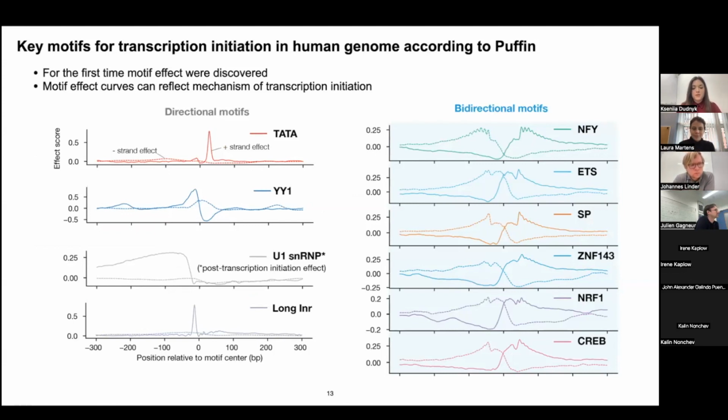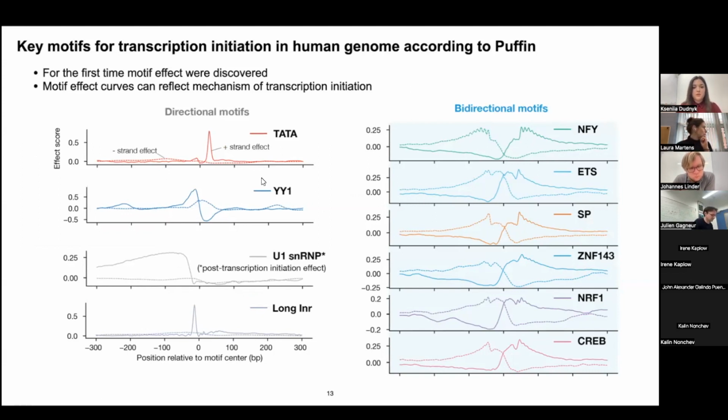I think I haven't mentioned it, but Puffin learns the effect curve of the forward version of the motif, so the effect on the forward strand, but also Puffin learns the effect of every motif on the reverse strand. And this is possible because the data that we used for the model training is strand specific.